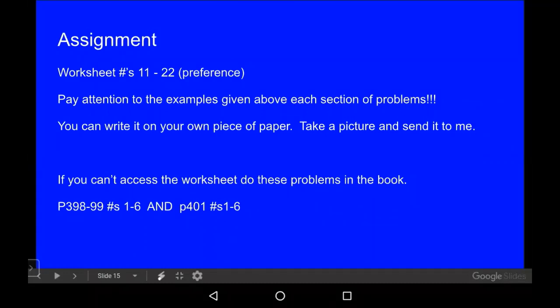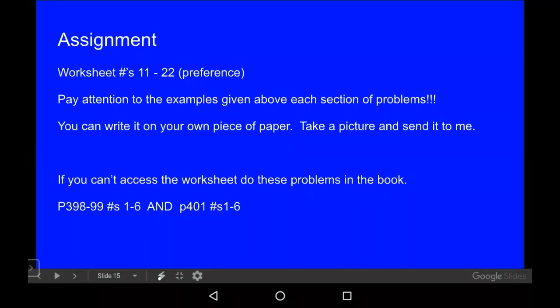I think it's page 398, actually, because the workbook starts right there. You can look there for an example. If you have my worksheet, that's actually what I prefer. It's actually the same numbers in the book this time, but it's a little easier to get to. The worksheet that goes with this video is numbers 11 through 22. You're supposed to do 1 through 10 earlier.